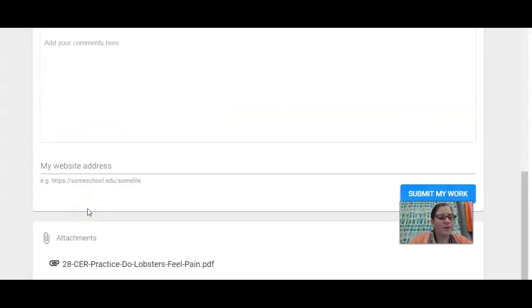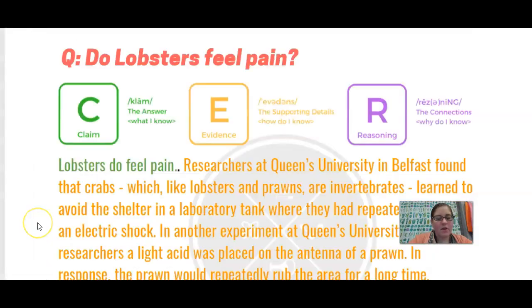If you scroll to the very bottom of the assignment link, you find the attachment. So we'll go ahead and click on that. And this is what the attachment looks like. Up at the top, once again, is going over the CRE, claim, evidence, and reasoning.